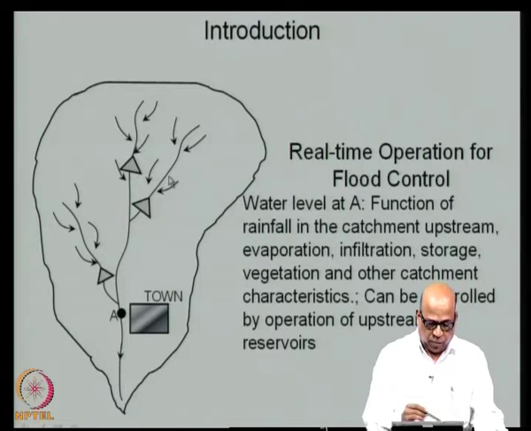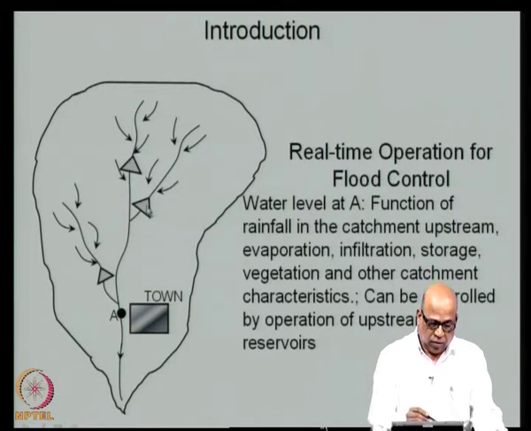We look at another problem. Let us say you have a basin like this, there is a stream network, and then there are certain reservoirs planned or operated or existing already, and then there is a town here. In the absence of these reservoirs, let us say that a high intensity rainfall takes place here, and then this area gets flooded, because all of these flows will come here, and the town is vulnerable to flooding.